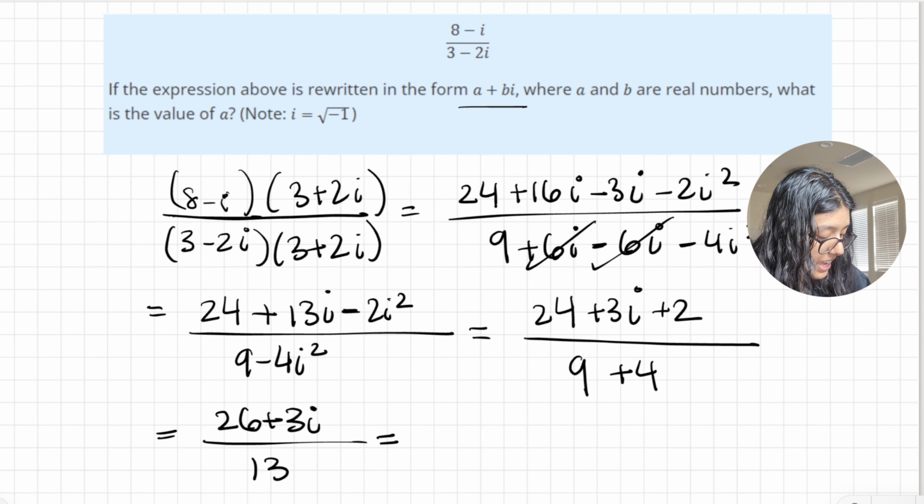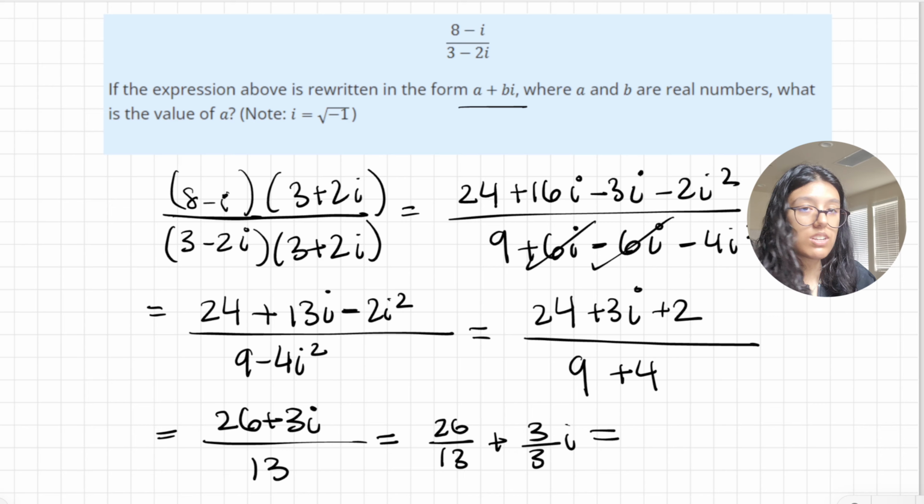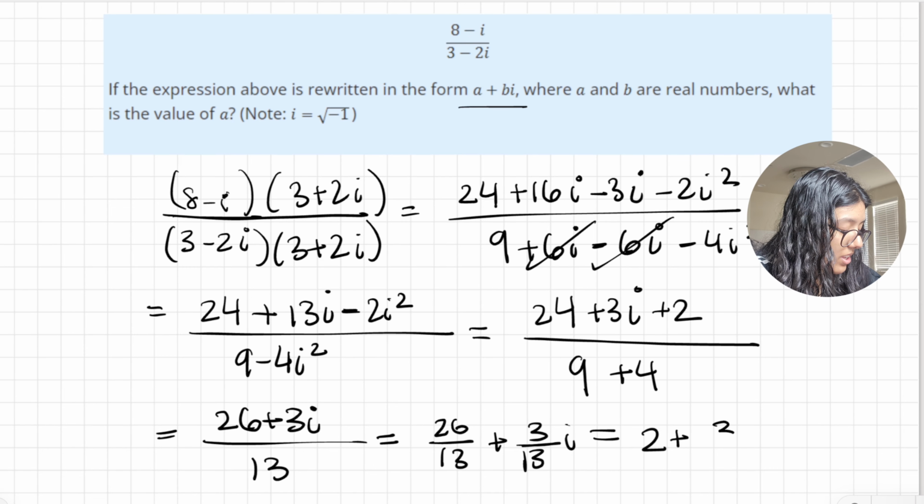And now we have a denominator, but over here they're saying that this should not have a denominator. Well, that's no problem. We can rewrite this as 26 over 13 plus 13 over 13i. 26 over 13 is just 2, and 13 over 13i we can't simplify further, so we just write it as is.